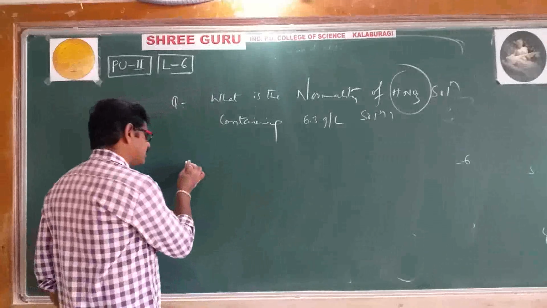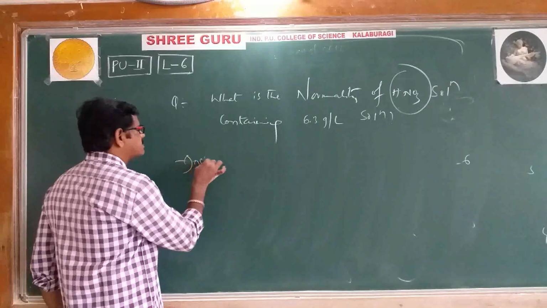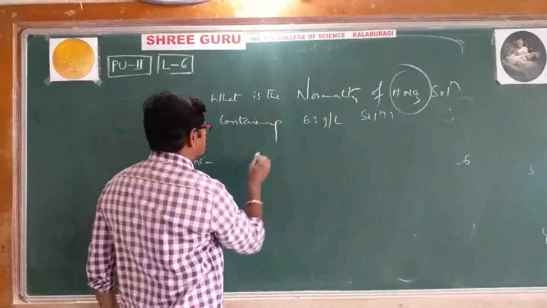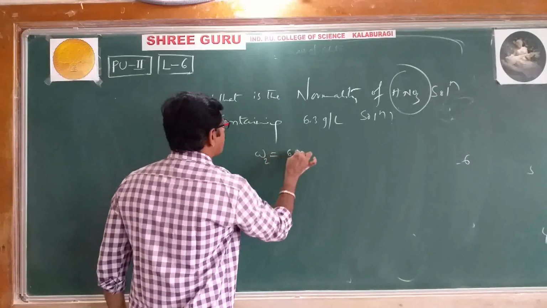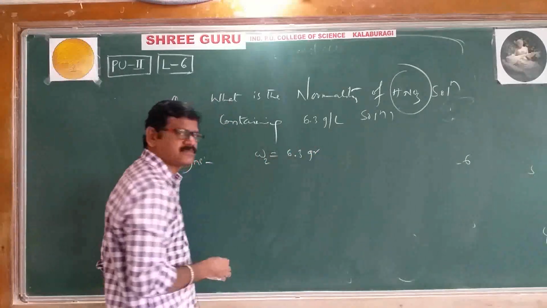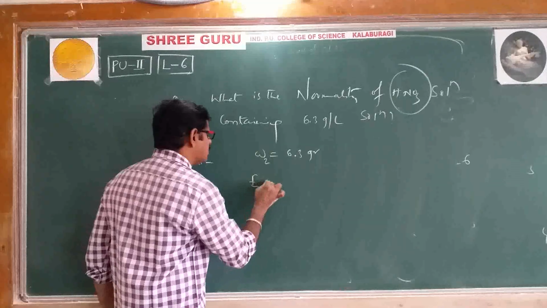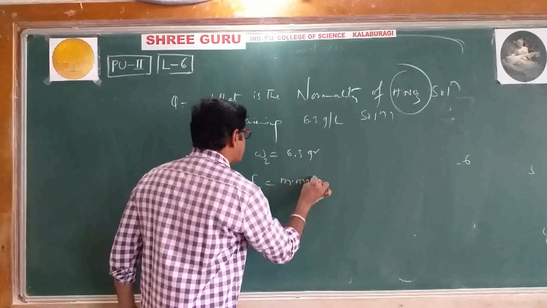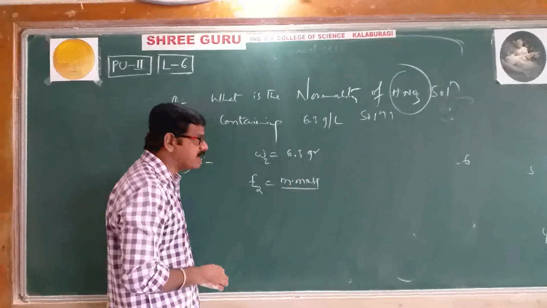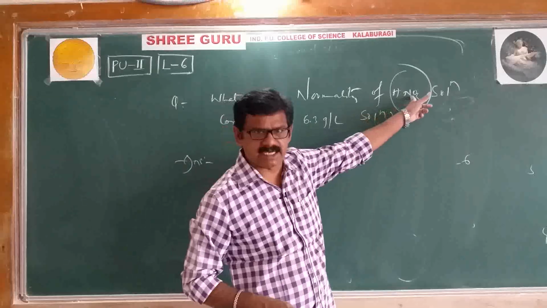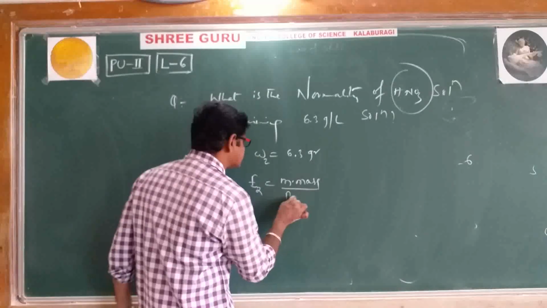We'll write our regular data. Mass of solute W2 is 6.3 grams. Equivalent mass of solute is molar mass of solute divided by basicity, since HNO3 is an acid.